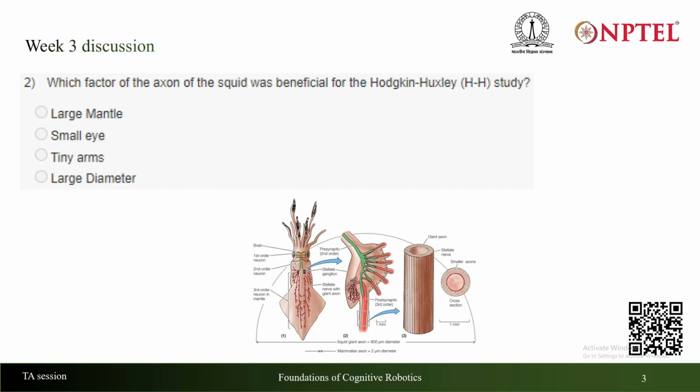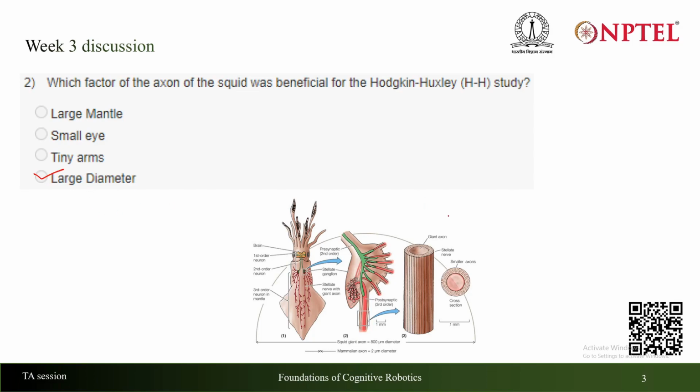A large diameter of the axon enables the study of how the concentration and conductance of sodium and potassium were related to the initiation and propagation of the action potential. What Hodgkin and Huxley did was put voltage clamps along the axon of a squid, and they measured how the action potential propagated along the axon. So the large diameter of the axon was beneficial for their study.